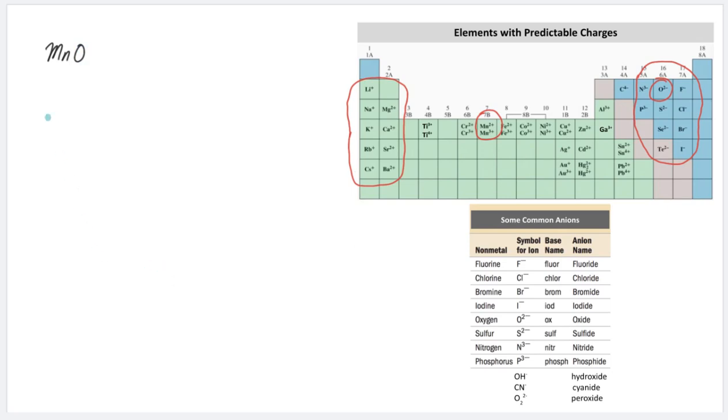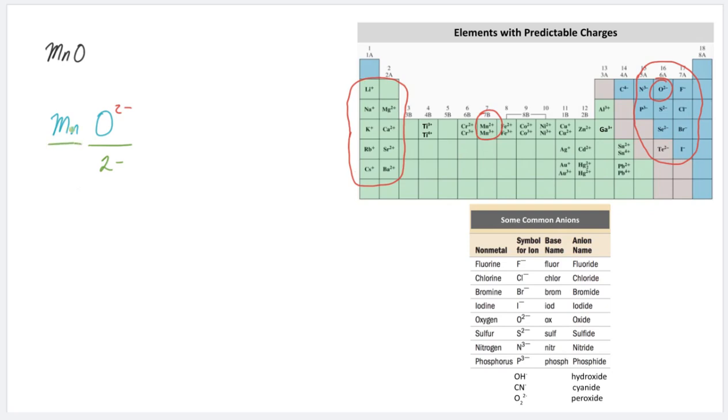Okay, so this is going to be easy, but I want to show you the process. Here we have manganese and we have oxygen. Because we know that oxygen is always going to be -2, I would like to start with that. So here we have a -2 charge from my oxygen.